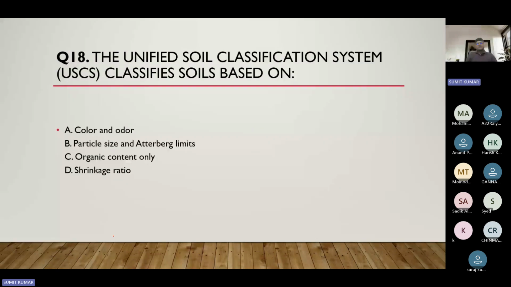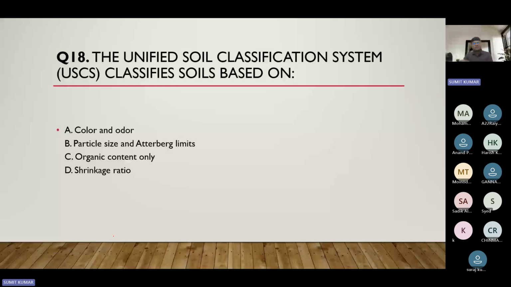Next is the unified soil classification system, which classifies soil based on color and odor. I think you remember, from color and odor we didn't classify particle size and Atterberg limit. I think it could be organic content only, no. Shrinkage ratio, no. Particle size distribution, basically we plot the particle size distribution graph.